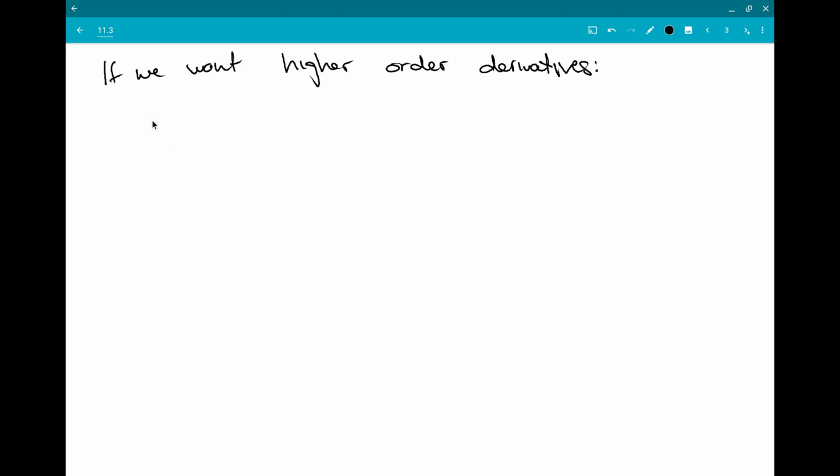So you know how to take y prime of x, y double prime of x, so on and so forth. Or here's your second derivative of y with respect to x.